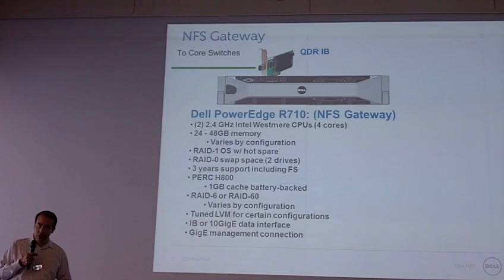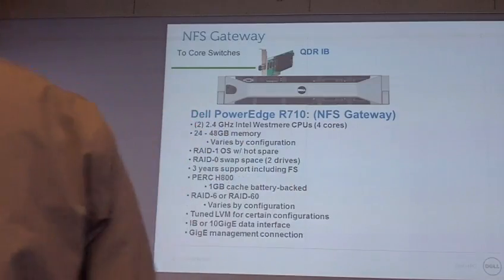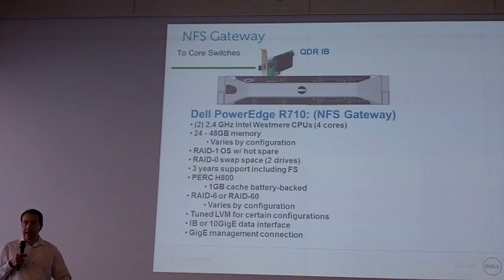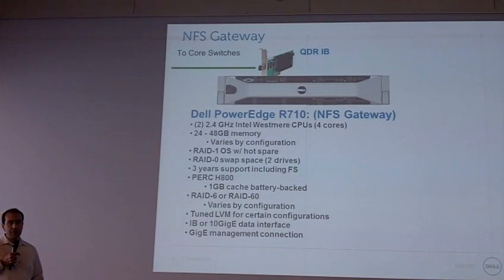And we also put additional hard drives in a RAID 0 configuration for your swap space, because if you had to do an XFS file system check rebuild, you may need some swap space. The amount of memory varies depending on the configuration. For smaller configurations, we have 24 gigabytes of memory. For larger configurations, we recommend 48 gigabytes of memory.